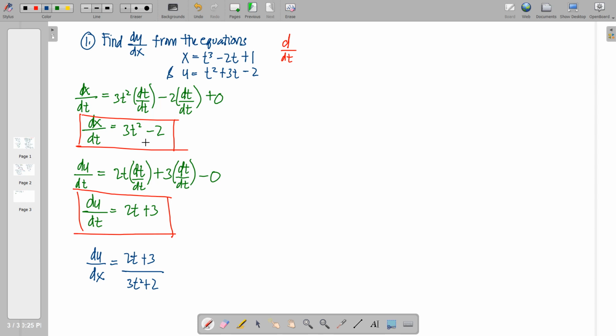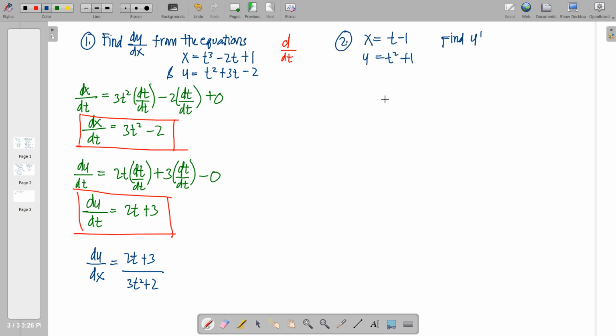Relative rates could be the topic where parametric equations can be most applied, such as velocity, acceleration or angular acceleration, etc.